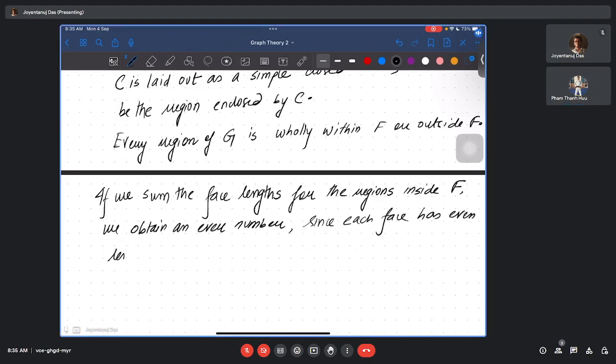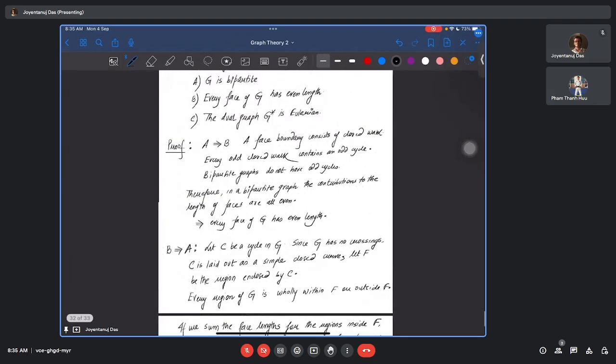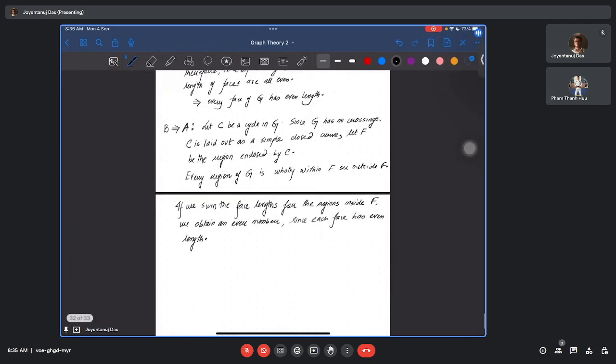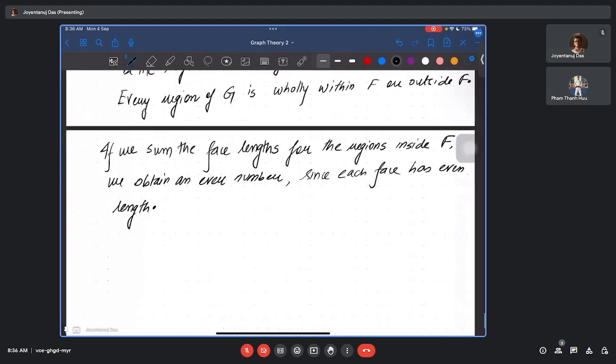So this is our assumption, that is part B. This is the assumption, right? That every face of G has even length. So when you sum up the face lengths, it will be an even number.